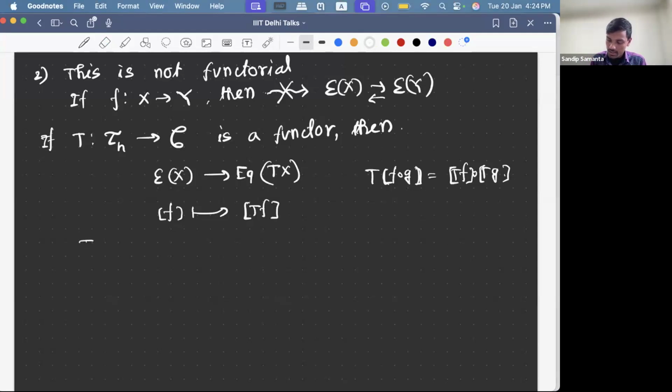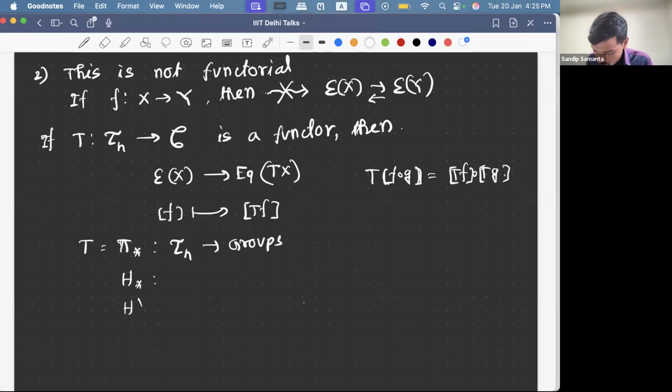For example, let's say T, we can take to be the homotopy group functor, the pi_k functor, that sends the category of spaces to the category of groups, and also maybe H star, the homology functor, or the cohomology functor.